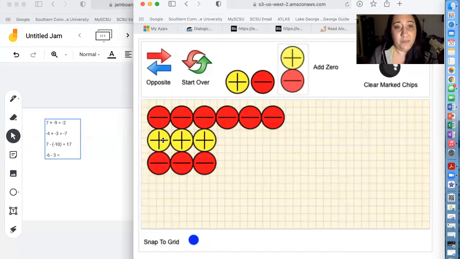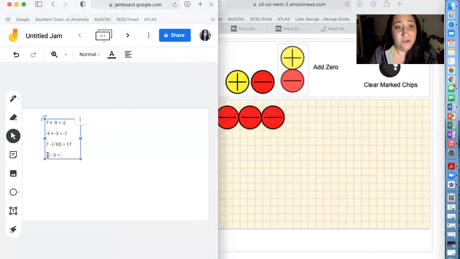So I'm going to go ahead and pull away 1, 2, 3. Now we can see what that leaves us with. We have our 1, 2, 3, 4, 5, 6 minus 6, negative 7, negative 8, negative 9. So negative 6 minus positive 3 is negative 9.